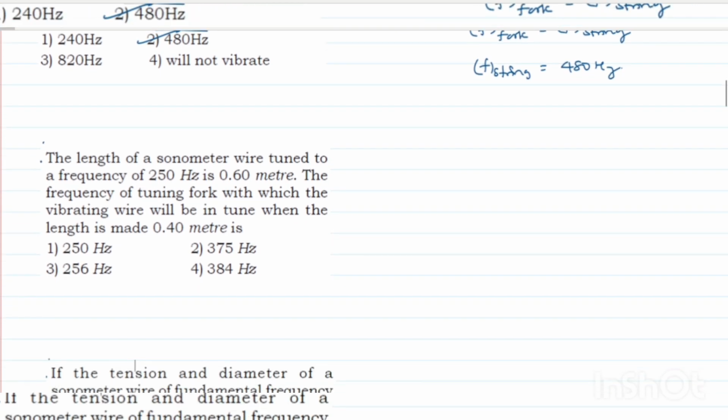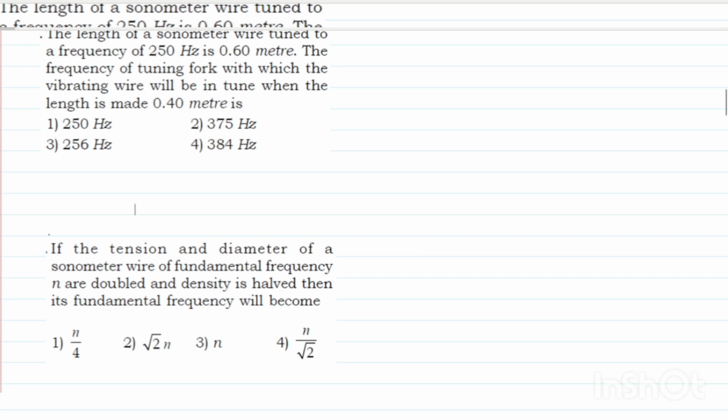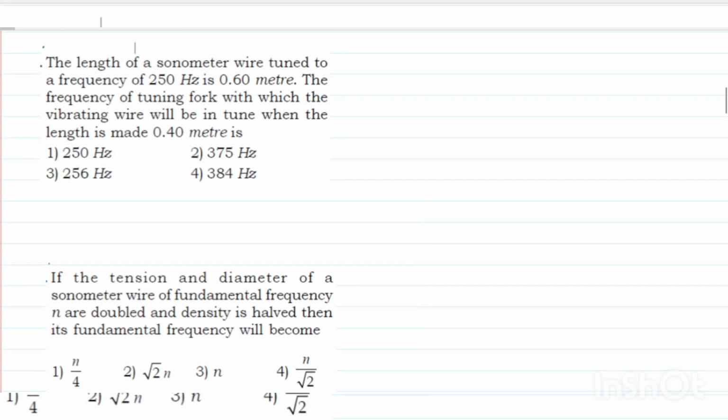Let us see the next question. The next question says the length of the sonometer wire tuned to a frequency of 250 Hz is 0.6 meter. They ask for the frequency of the tuning fork with which the vibrating wire will be in tune when the length is made 0.4 meter. So the relation is 1 by 2L into root over T by mu.